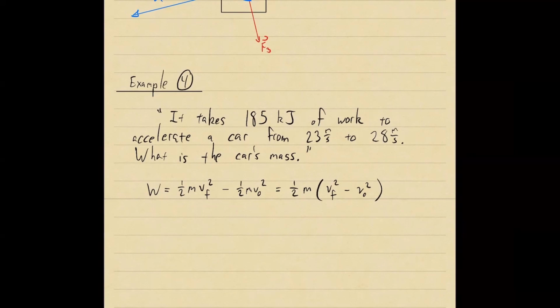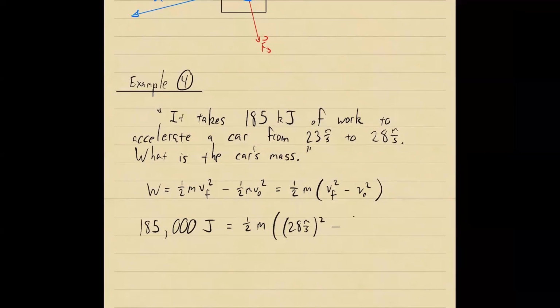So the work done is 185 kilojoules. A kilojoule is 1,000 joules, so the work actually done is 185,000 joules. And on the right, we have 1/2 times the mass of the car. We're trying to look for this mass right here. And we have the final velocity squared, which was 28 meters per second, we're going to square that.